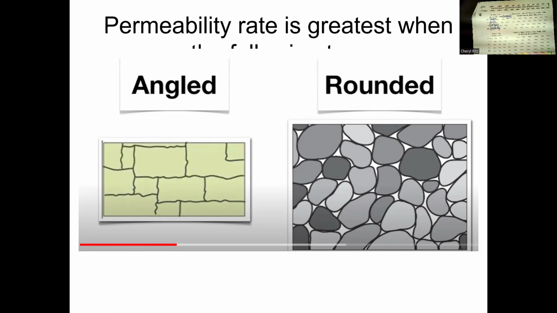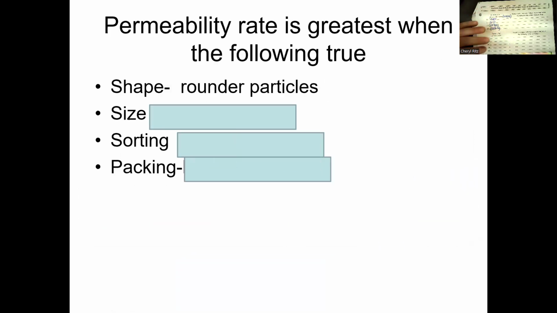Permeability means there's nice big hallways for the water to go through, just like we got big hallways in schools usually. The bigger those hallways, the better the flow. So for permeability, the rounder particles will allow water to go through faster. So next to shape, the rounder the particle, the faster the flow.